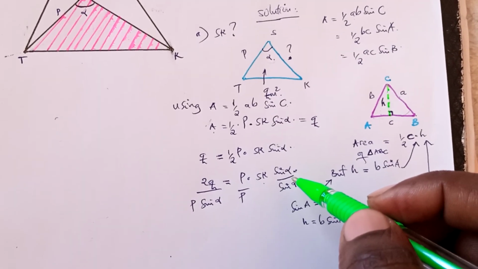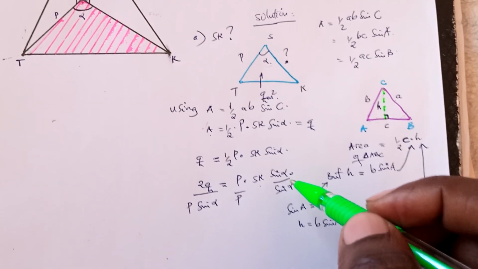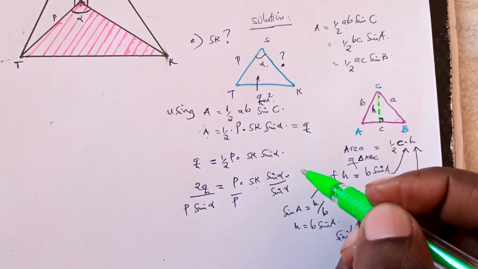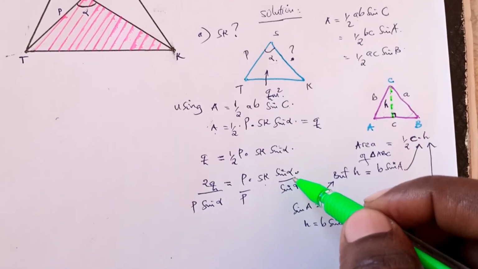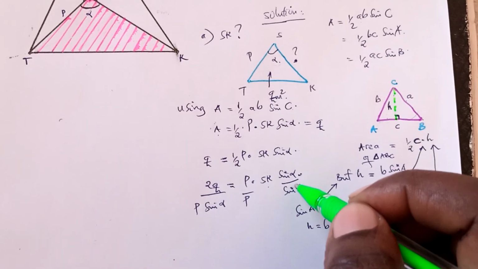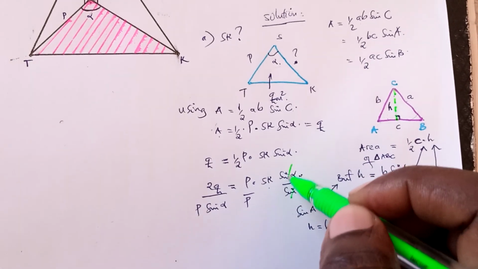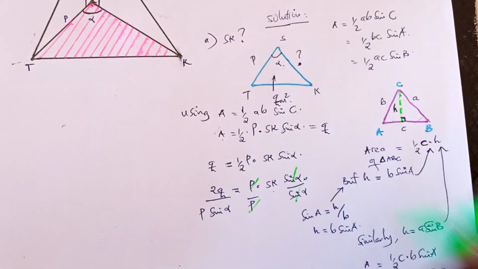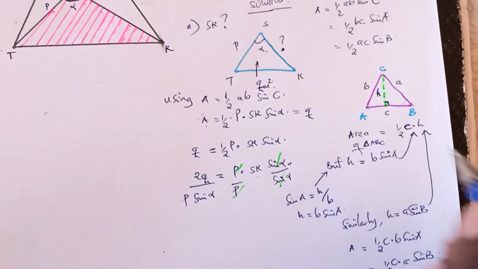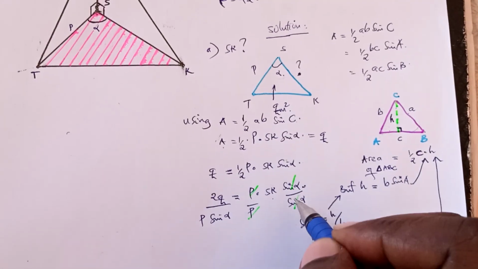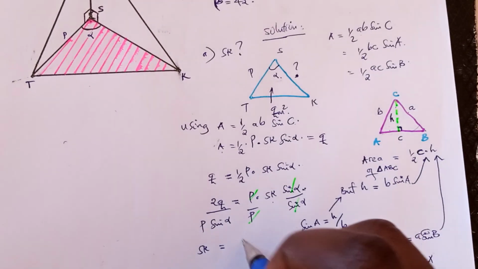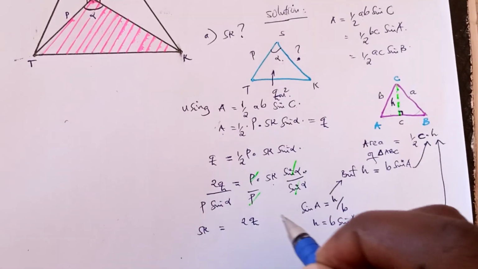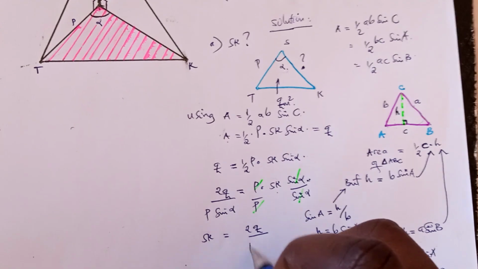It's like you've cancelled out that step. So please don't cross out. I'm just showing you with this pen, but in the exam, don't cross out. So we come up with our SK being equal to 2Q out of P sine alpha.